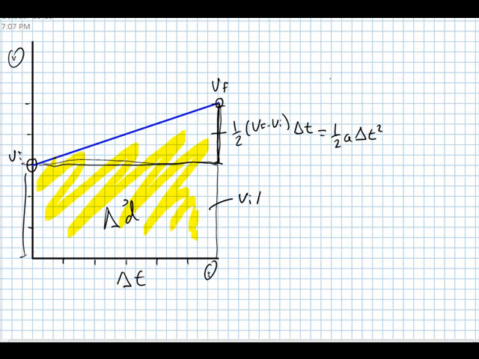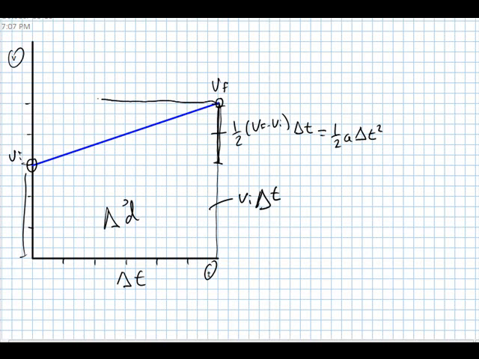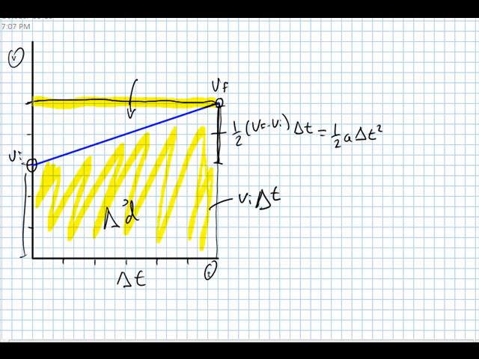What we're going to do is basically the same thing, but now instead of looking at that triangle shape, we're going to use a big rectangle and subtract this triangle. We're going to find the area in here by finding the area of this big rectangle and subtracting the area of this triangle from it.